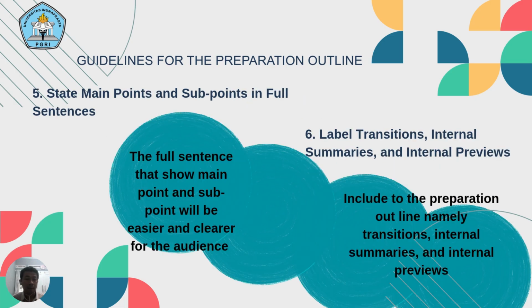Okay, everyone, the 5th point that you have already known is state main point and subpoint in full sentences. Full sentences that show the main point and subpoint will be easier and clearer for the audience.